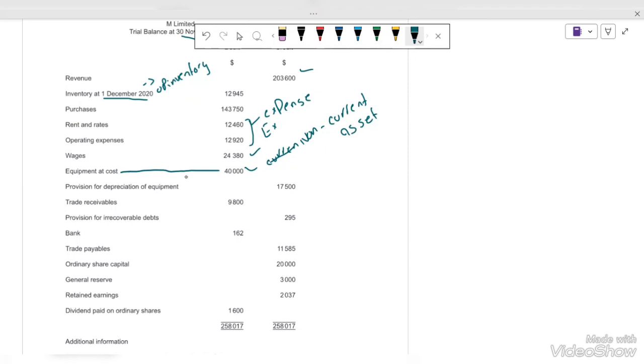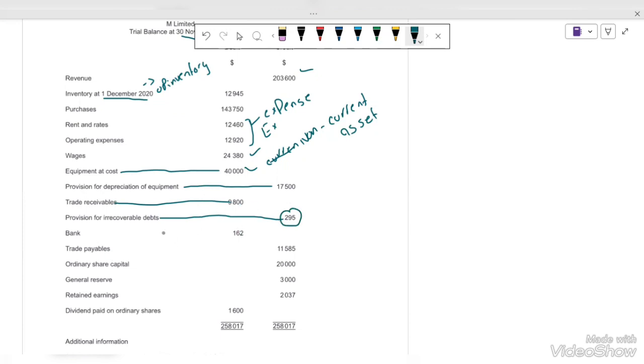That is the reason why the examiner has given you this information here in the trial balance. Provision for depreciation of equipment, trade receivables. This is our asset. Provision for recoverable debts, which is 295.